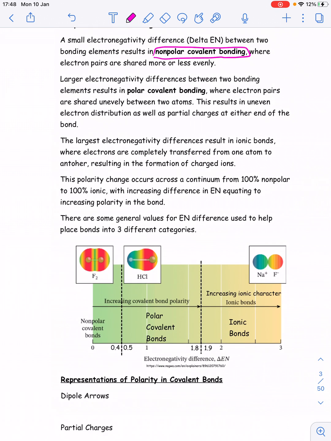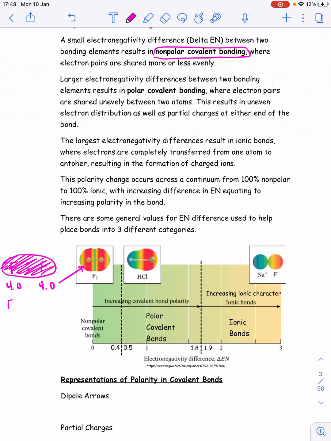So the classic examples of really nonpolar bonding are all of those diatomic elements that we talked about, because F has an electronegativity of 4, which is very high, but if it's bonded to itself, then they both have an attraction of 4, and so the electron pair will spend most of its time right between the two atoms, and the electrons will spread out evenly around that bond.